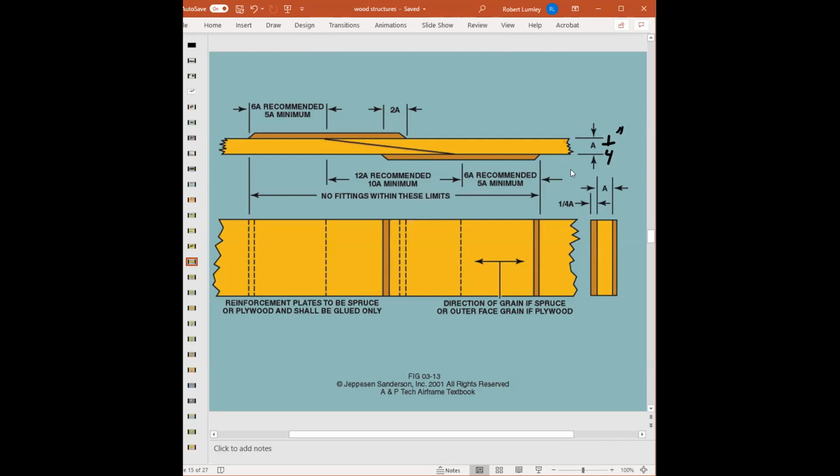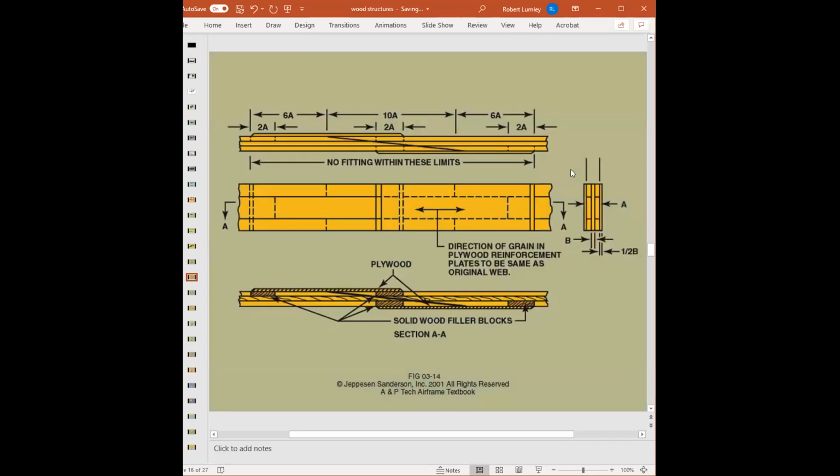So let's say it's 6. So 6 times that would be 1 2/4 or 1.5 inches out from here to here. And again, from here to here is the same, with an overlap of both boards by 2 times the thickness or 1/2 inch. Nothing super critical there.